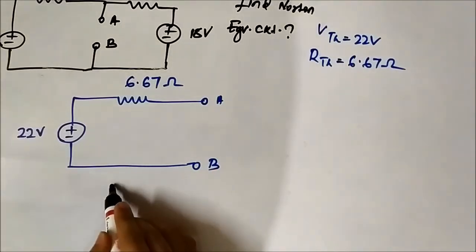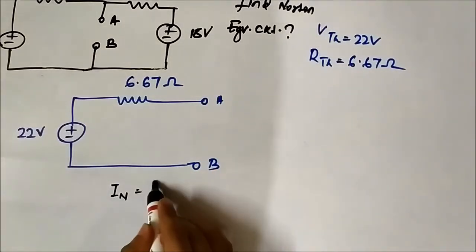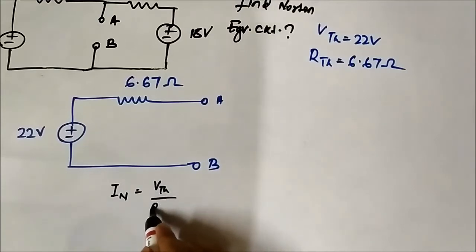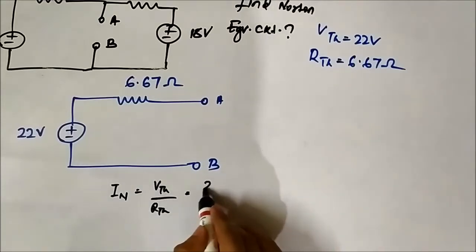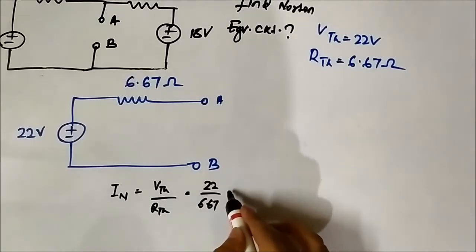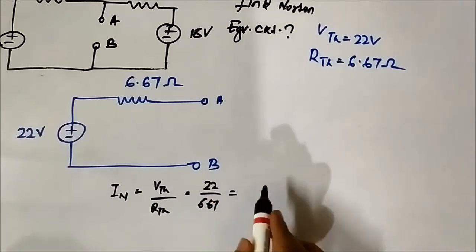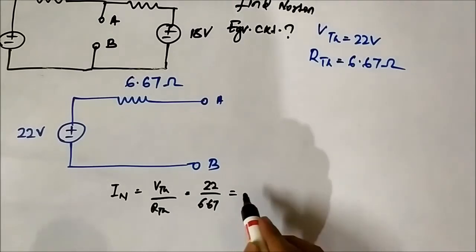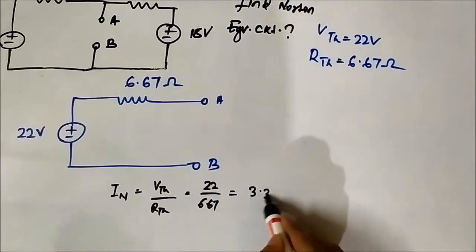For that, IN will be VTH by RTH, which is equal to 22 volt by 6.67 ohms, which is around 3.3 ampere.